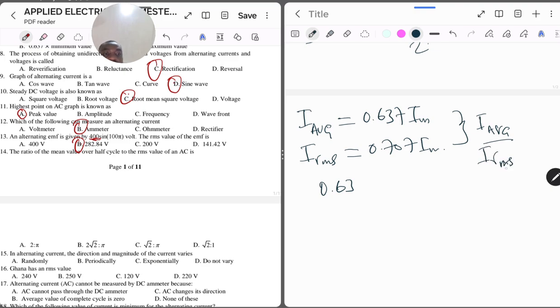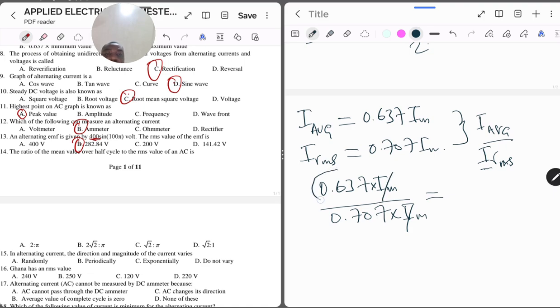So we replace them: 0.637 times the maximum current, or the maximum value, over 0.707 times the maximum value. So you see, these ones will cancel out.